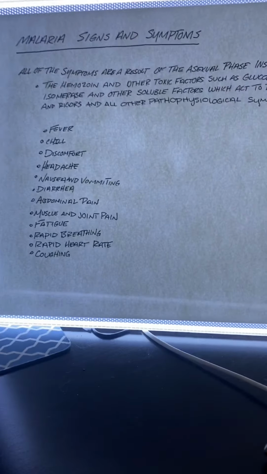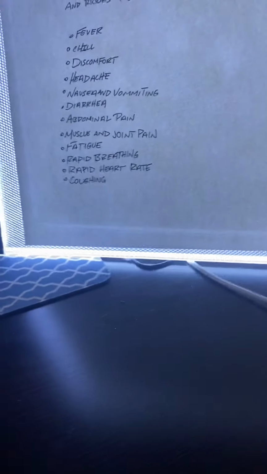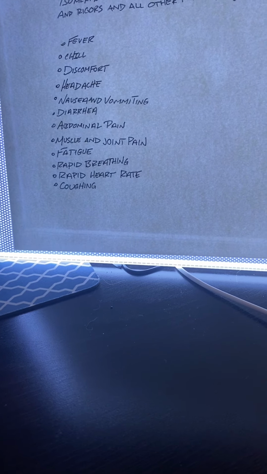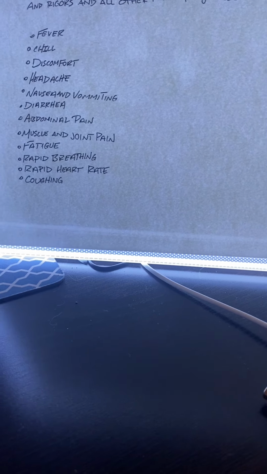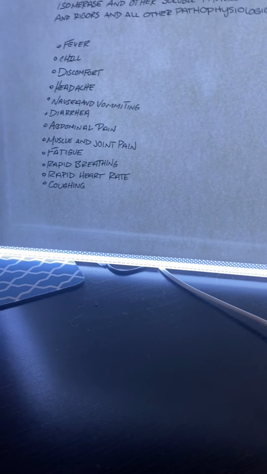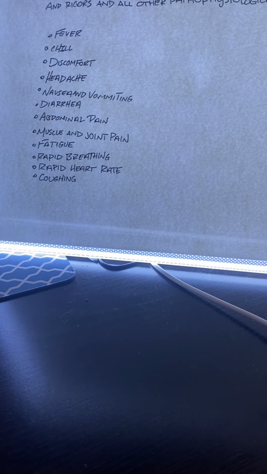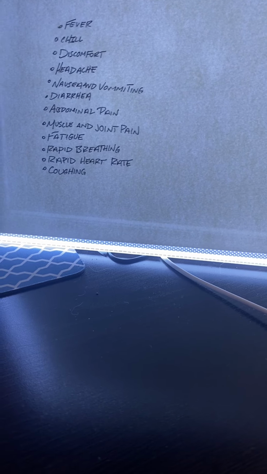So basically it's releasing not only just those gametocytes, but also other forms of toxins within the body, which our body then reacts to and tries to fight, and that's what's giving us our symptoms.